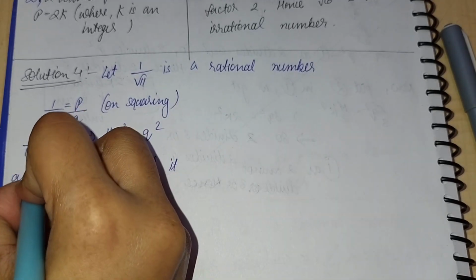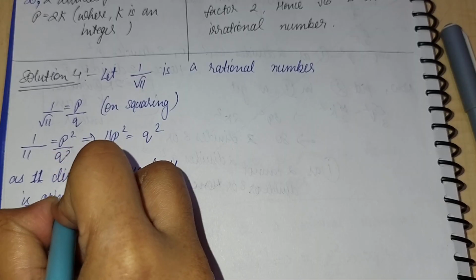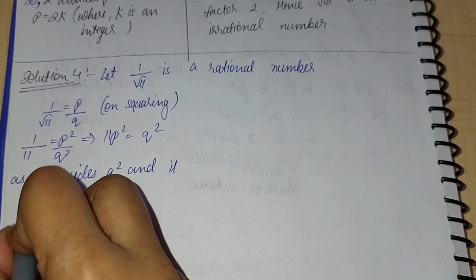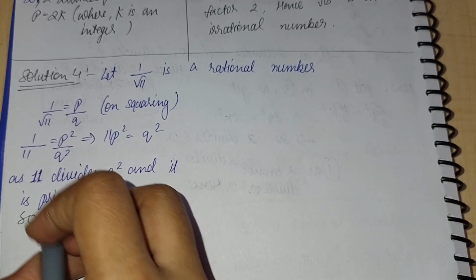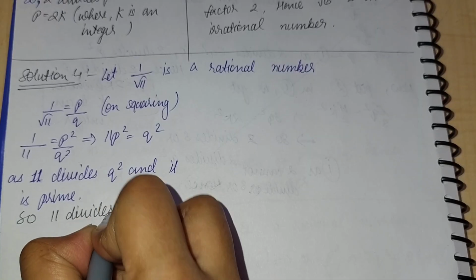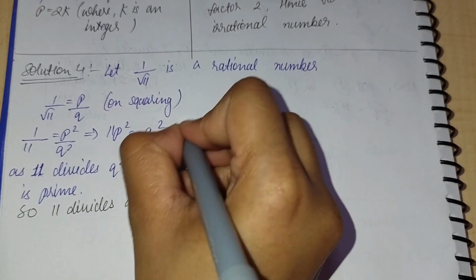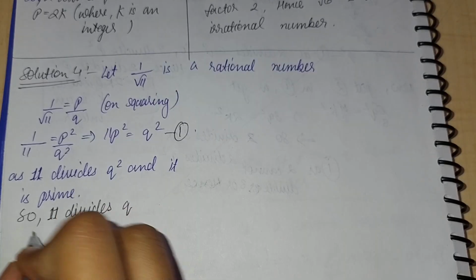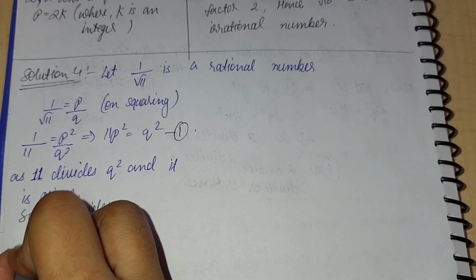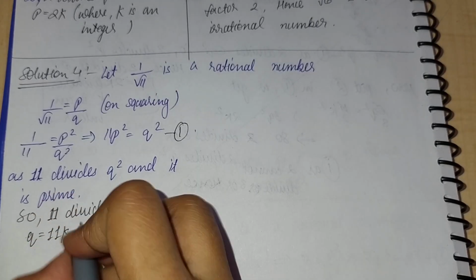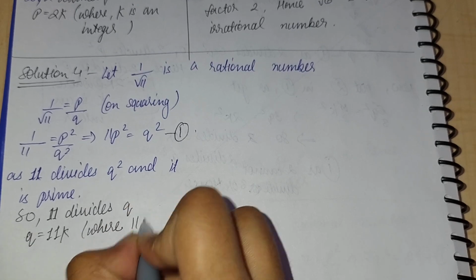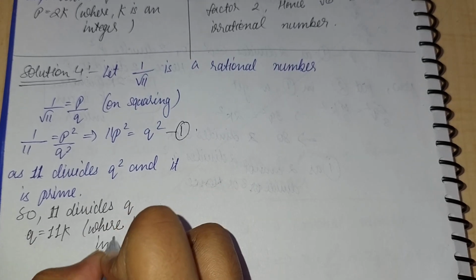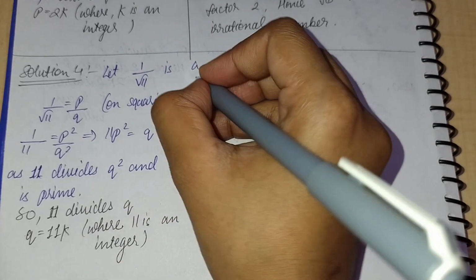As 11 divides q square and 11 is a prime number, so 11 will also divide q, according to the theorem first. Now forming the second equation, as 11 divides q, so q is equal to 11k, where k is an integer.